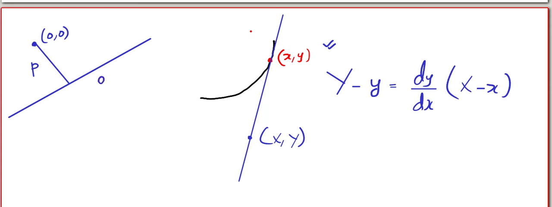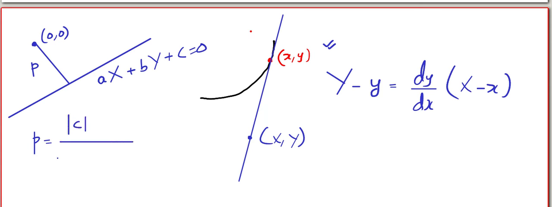Our tangent will look like aX plus bY plus c is equal to 0, because I told you every point in the tangent, to avoid confusion, we take it to be capital X, capital Y. Now distance between origin and tangent, small p, is given by mod c divided by root under a square plus b square. So please note this point.